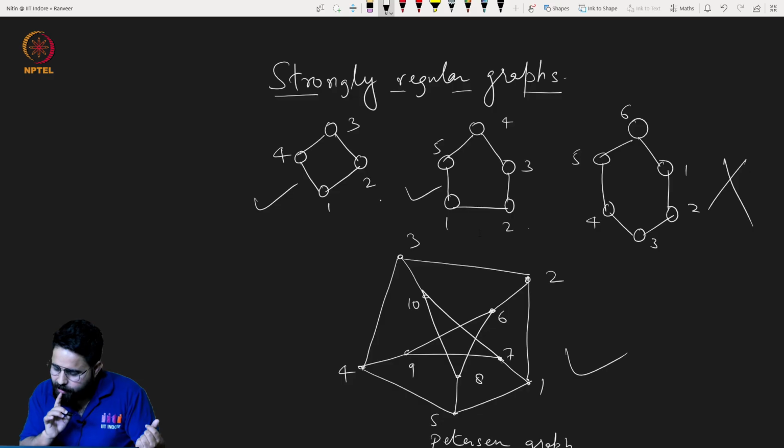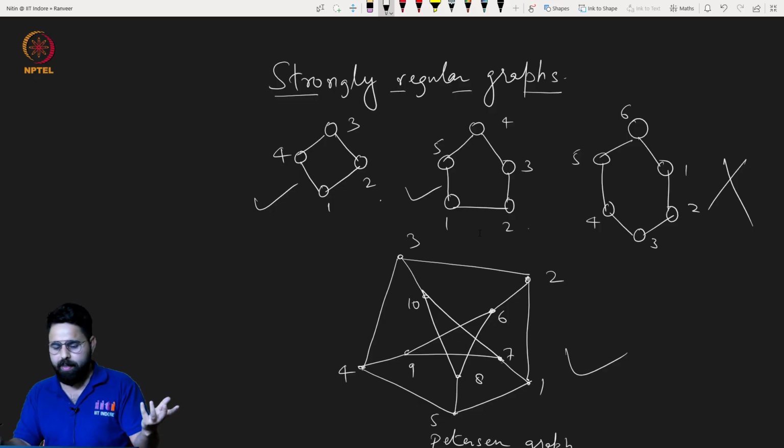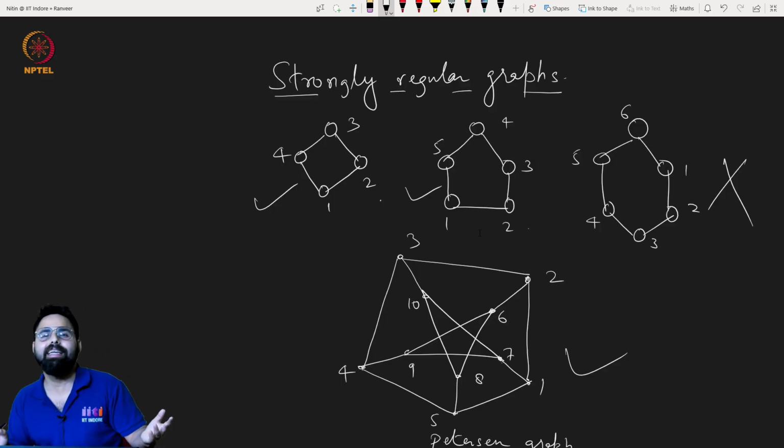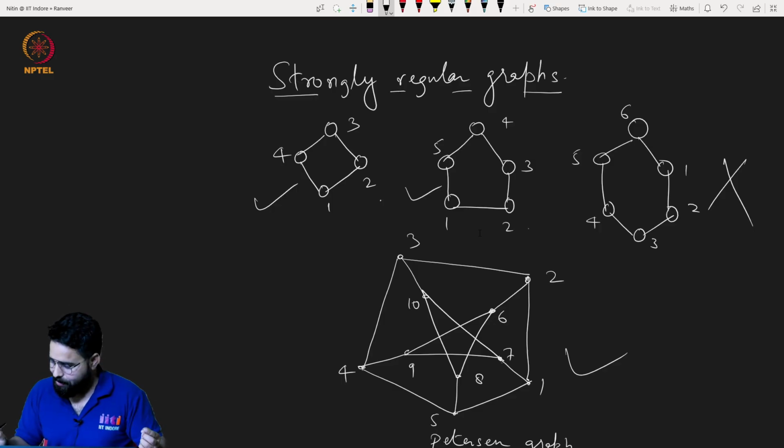In case of C5, every adjacent pair has no common neighbor, but every non-adjacent pair has one common neighbor. But this property is not followed by C6, in fact any Cn where n is greater than or equal to 6.